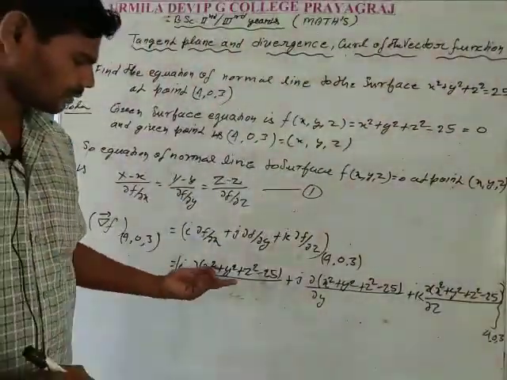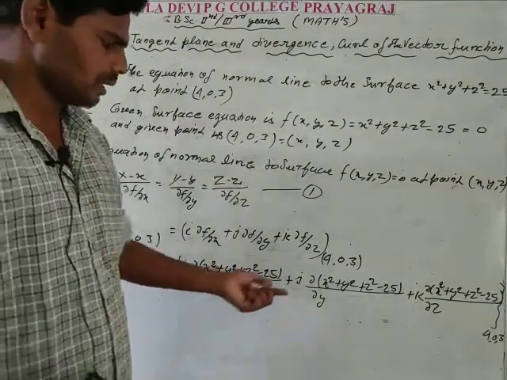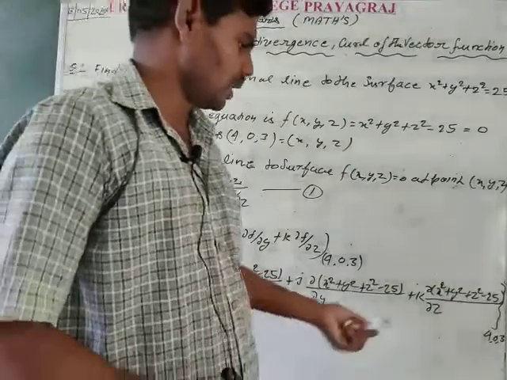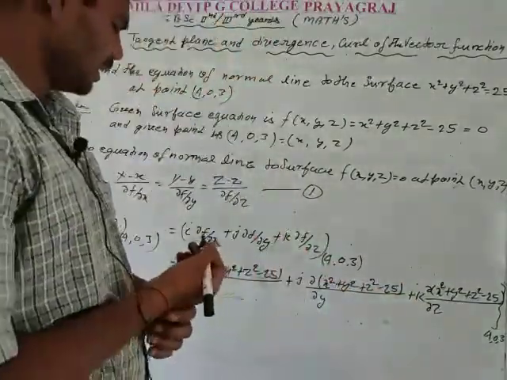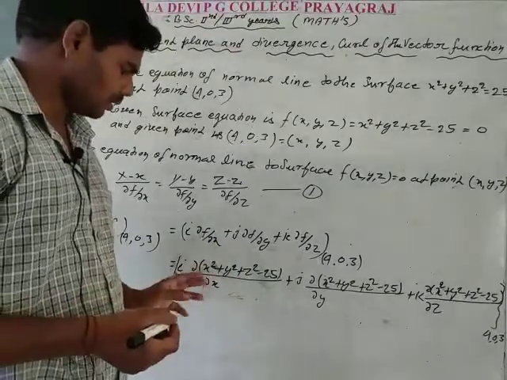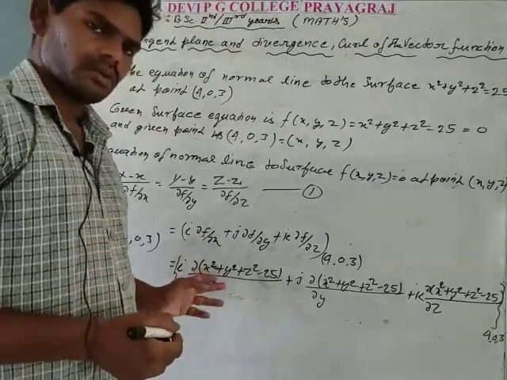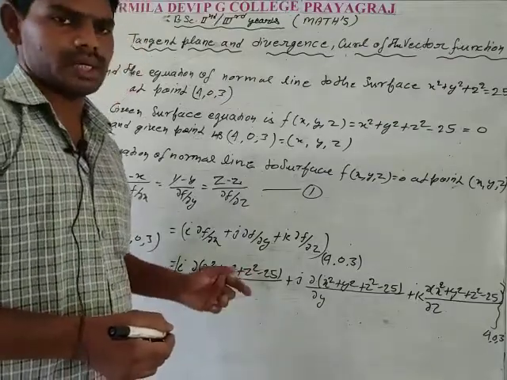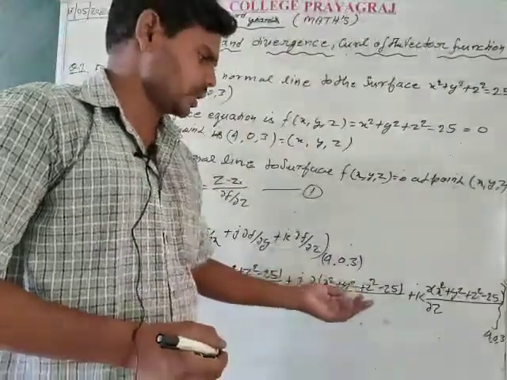Here, in the first we take the partial derivative with respect to x, in the second with respect to y, and in the third with respect to z. So it's already clear that if you differentiate partially with respect to x, then y and z and 25 will be constant. In the same manner and with the same rule you can apply the next two parts.